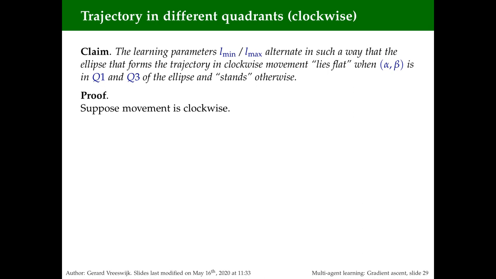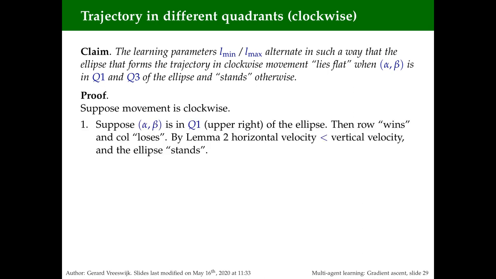So now suppose the movement is clockwise in the drawing we just saw. Then the alpha beta pair is in the upper right of the ellipse. Then row moves outwards, so wins, and col loses. So row moves slow and col moves fast.